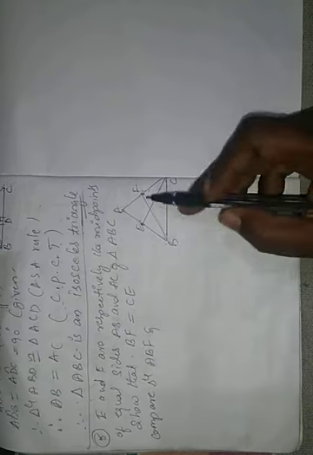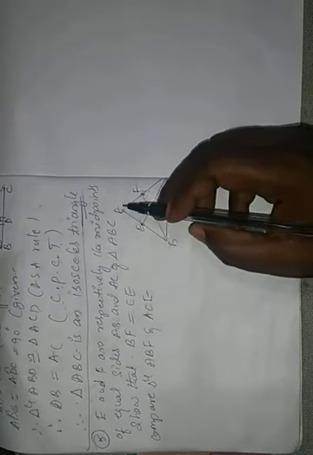Compare triangle ABF and, similarly, triangle ACE. Here it is already given that AB is equal to AC, equal sides.